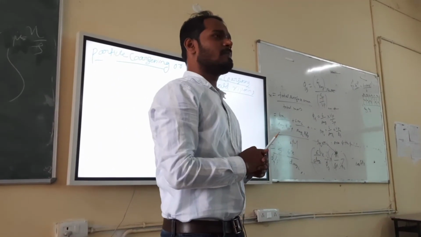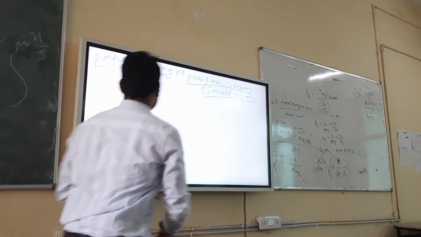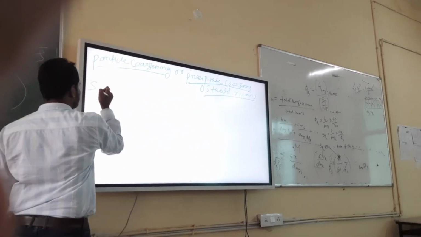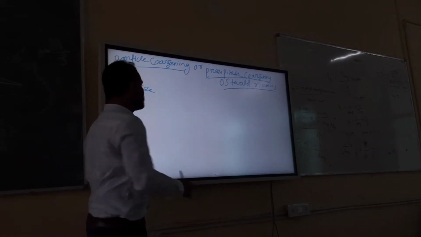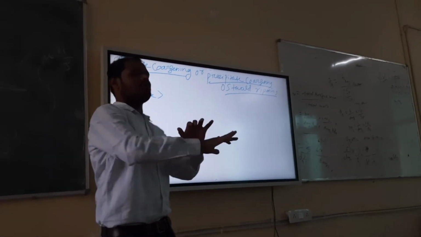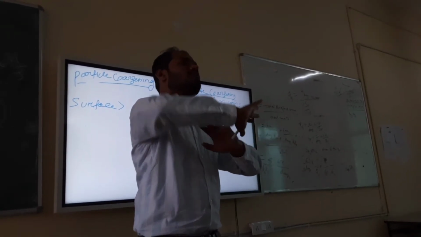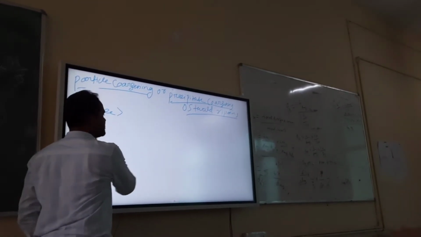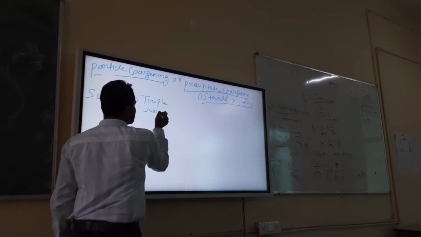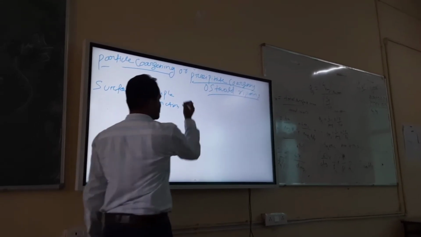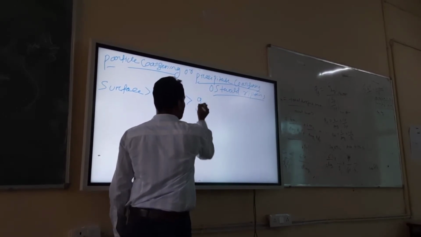And what is the sequence? Anybody remember? Very good. So first comes the surface. That means the surface has maximum energy available. But surface means everywhere, so we negate it. Then we move to the next: triple junction, right? Next energy, grain boundary.